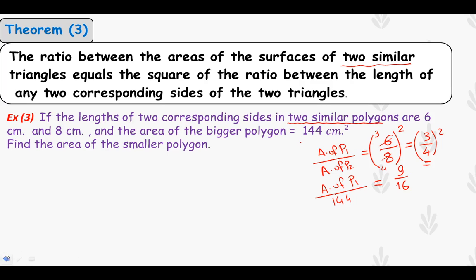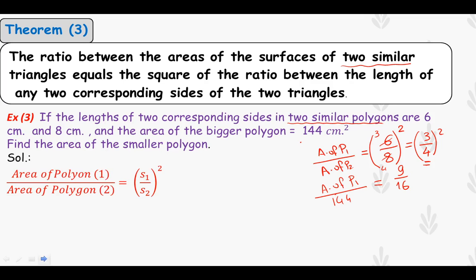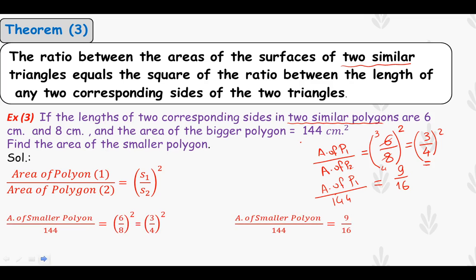Let's solve it again together using the PowerPoint solution. The area of polygon 1 over the area of polygon 2 equals the ratio between two corresponding sides, to the power of 2. The area of the smaller polygon over the area of the large polygon. The area of the large polygon is 144 because it corresponds to the larger side. So this equals 6 over 8 to the power of 2.